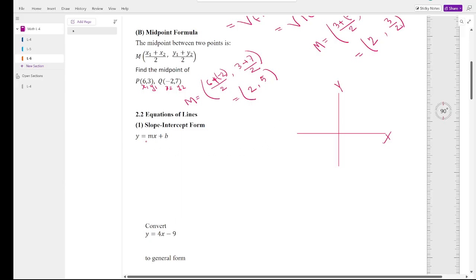Now here's the step: y equal to mx plus b. This is the slope-intercept form. Here is the b.